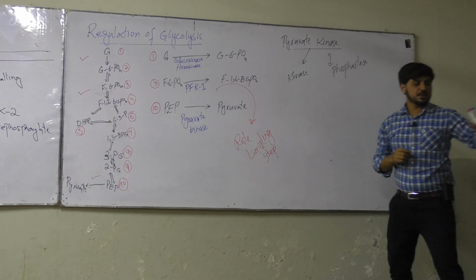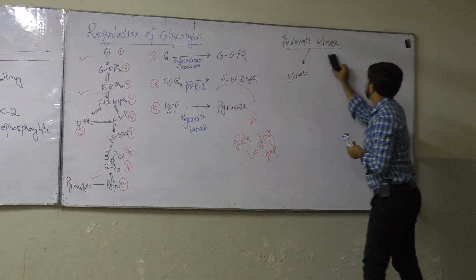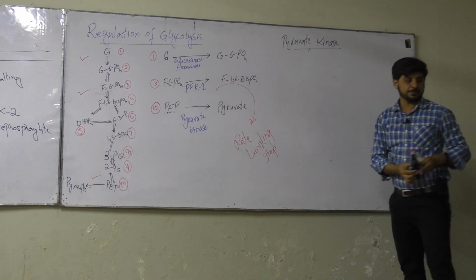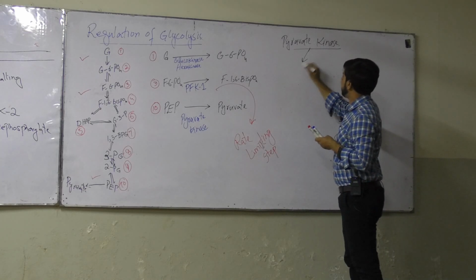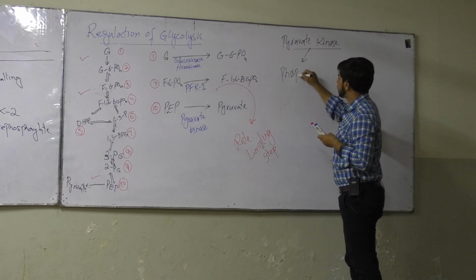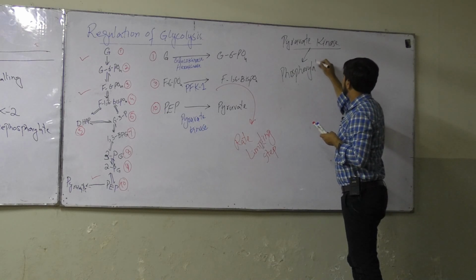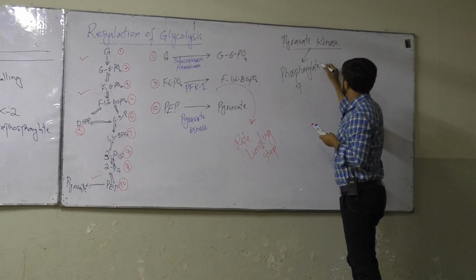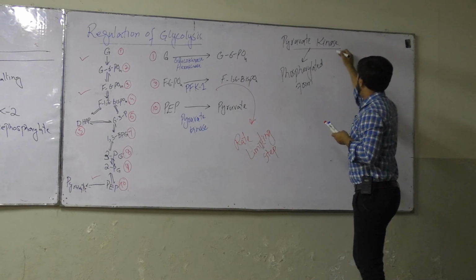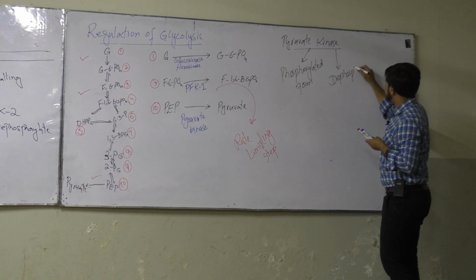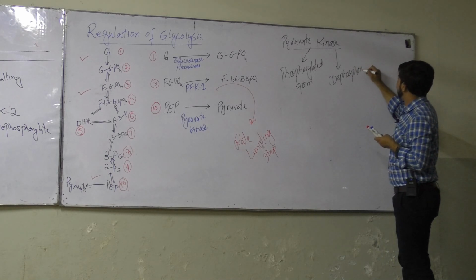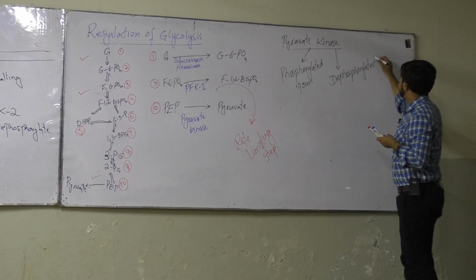Or let me make it simple for you. This pyruvate kinase exists in two forms. Number one is the phosphorylated form and number two is the dephosphorylated form.